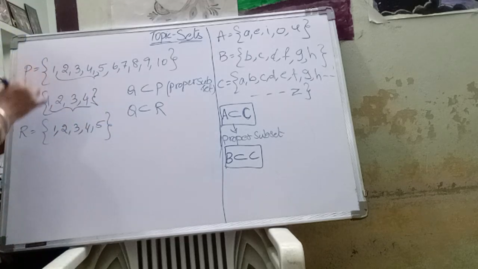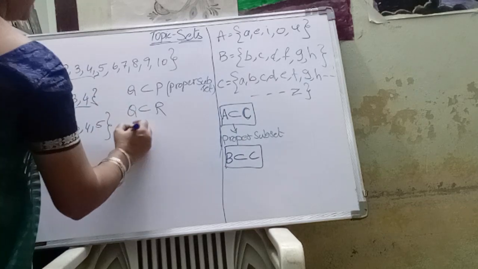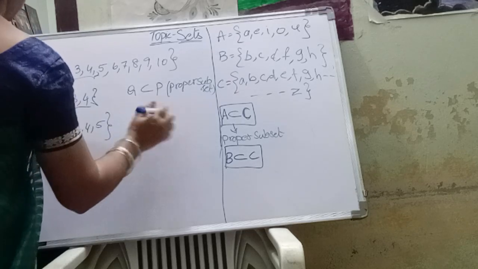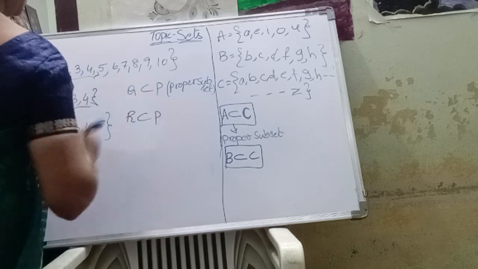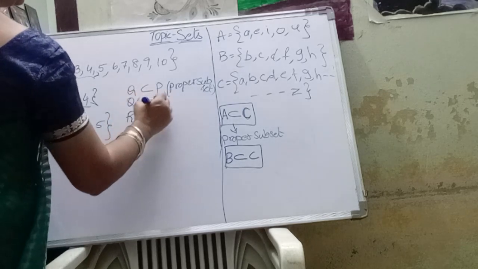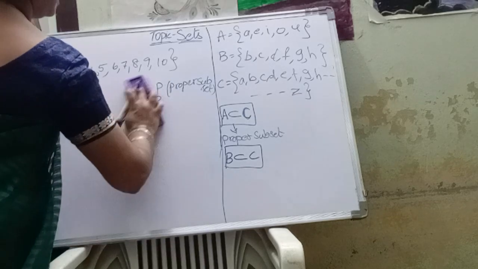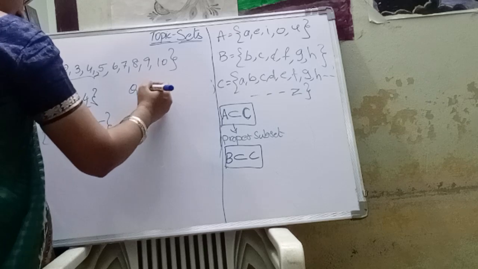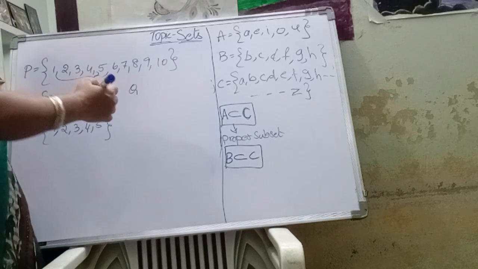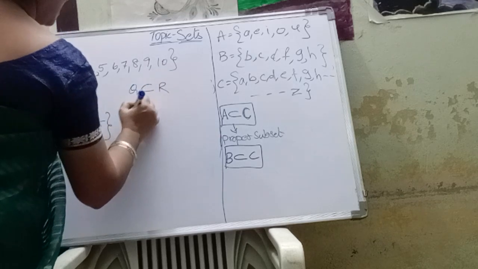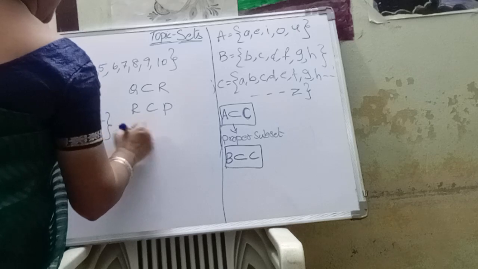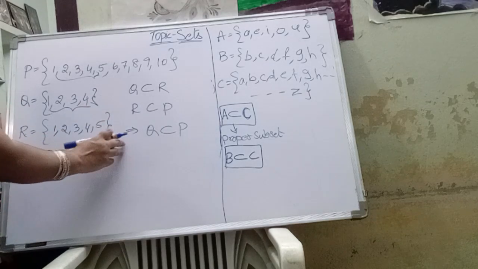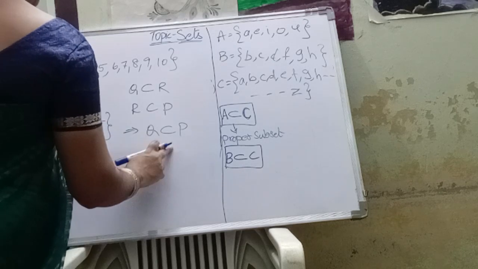So Q is a subset to P, and Q is a subset to R. If you take R, it is a subset to P, and Q is a subset to R. Q is a subset to R and R is a subset to P. That implies Q is a subset to P. This is one more important property of subsets.